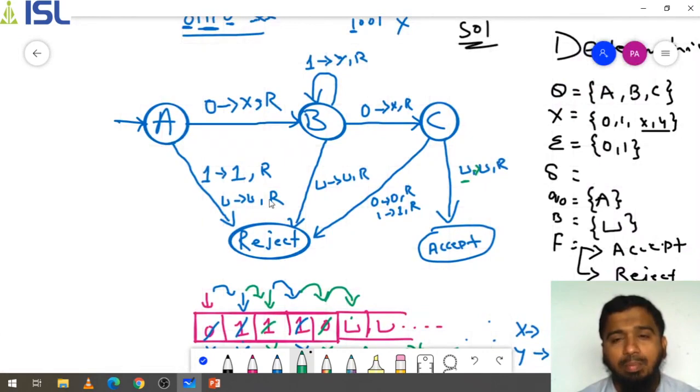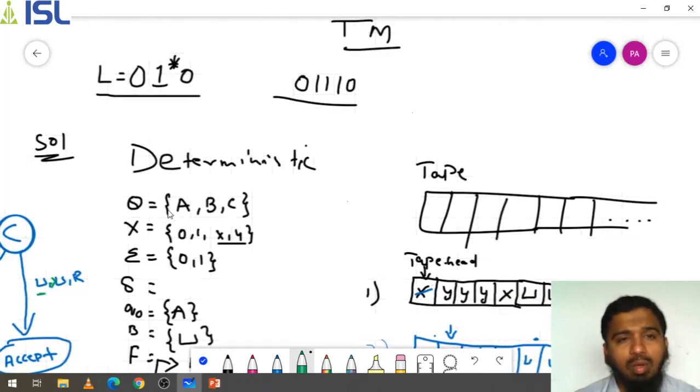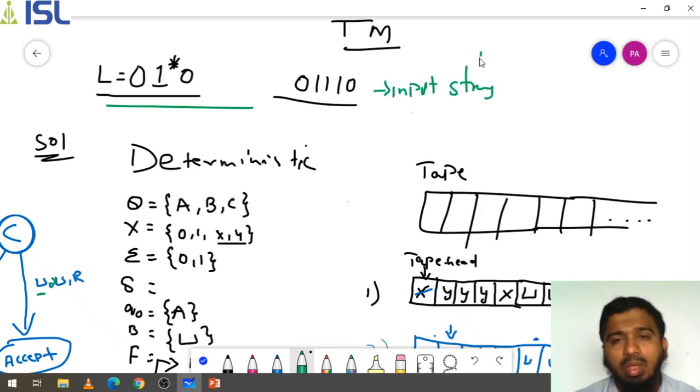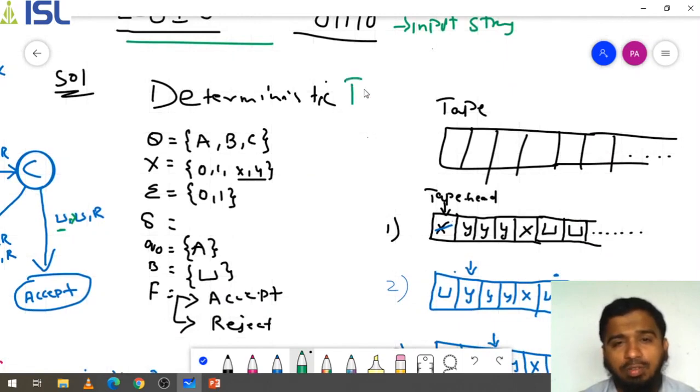So this is a simple example. Once again I will repeat here. In the Turing machine, we have taken this example 0 1 star 0, that is the input string, and we are adding it in the tape. Okay. And what are the deterministic tuples? We have the 7 tuples: Q, X, sigma, delta, q0, B, F. Q is the number of states, X is whatever alphabets you are going to use in the tape.